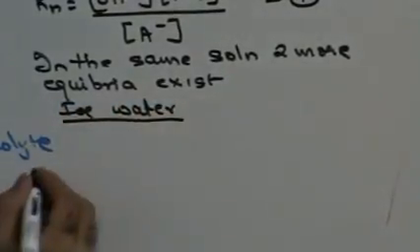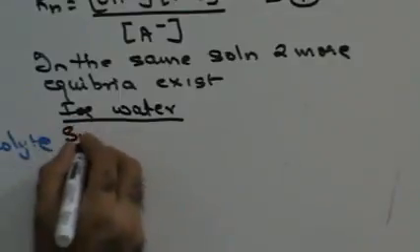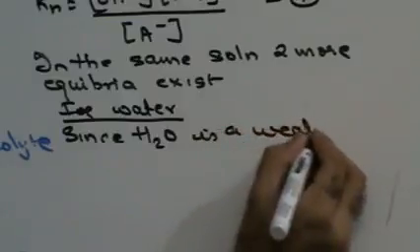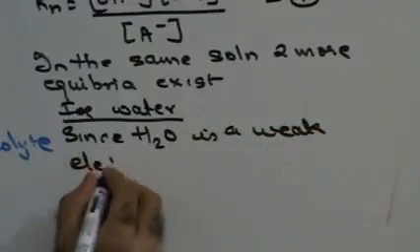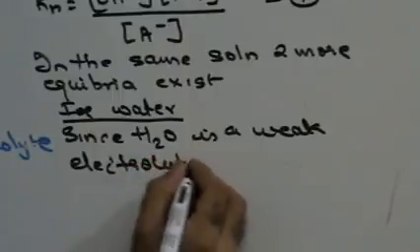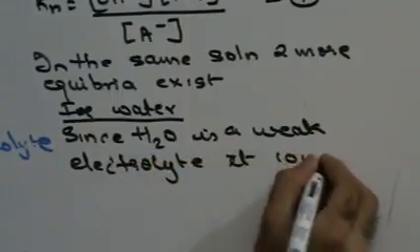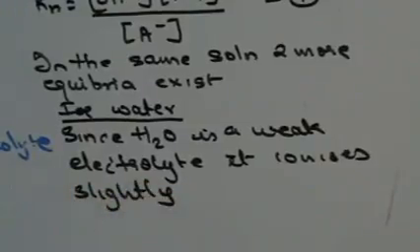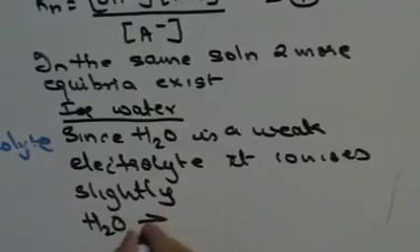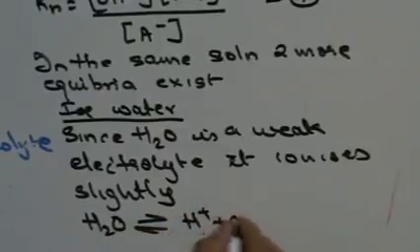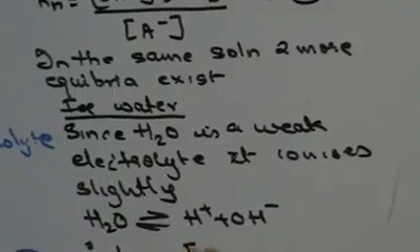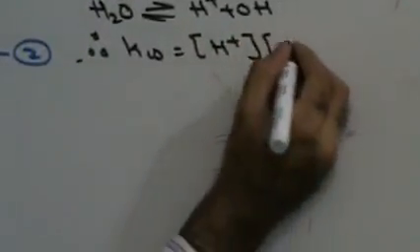Since water is a weak electrolyte, it ionizes slightly. So water ionizes slightly to give you H plus plus OH minus. Therefore I can say that ionic product of water is active mass of H plus into active mass of OH minus. Call this as equation 2.